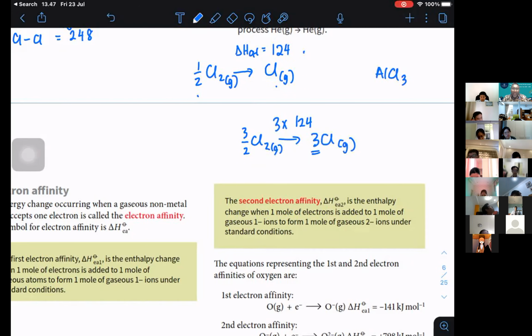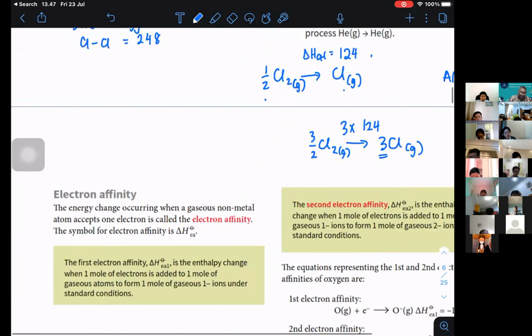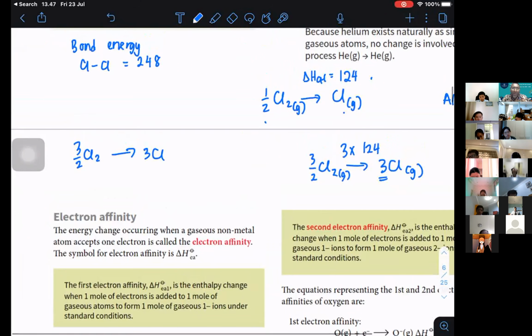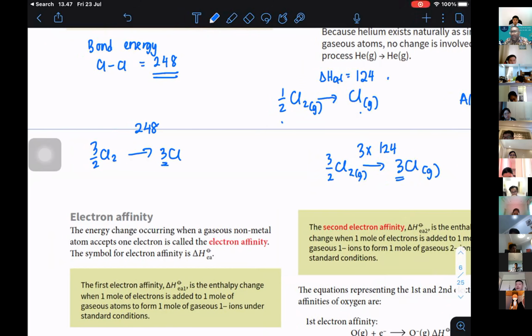But let's say the enthalpy of atomization is not given, but you still have 3/2 Cl2 to give you 3Cl, and you refer to the data booklet and find the bond energy. What is the number you're supposed to use? It is going to be 248, but you need to do something. You do not times it by 3.